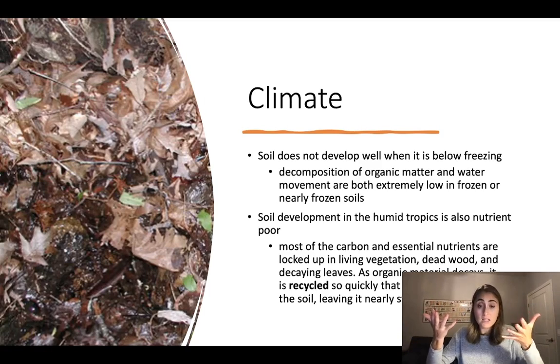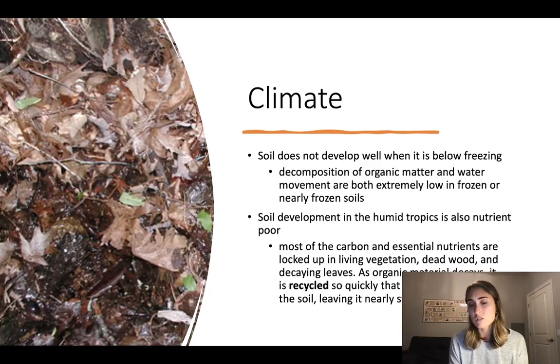They're basically taking all of the nutrients out of the soil just as fast as they're being returned, because there's so many living things. Additionally, you have a high amount of rainfall in that area, a lot of water running through that topsoil layer. Any nutrients that are sitting on the top as a result of recent decomposition are really just going to run off with the soil. So climate plays a pretty big role.